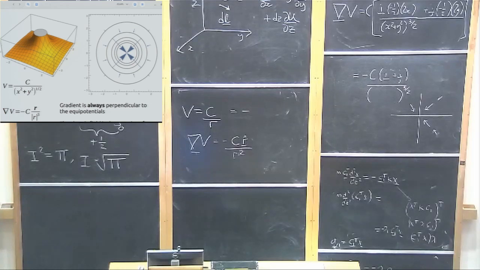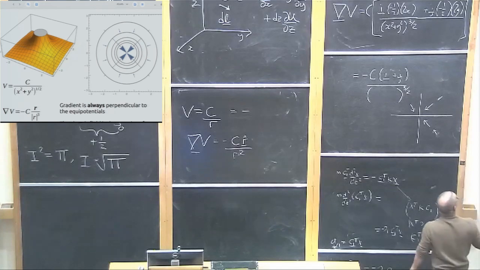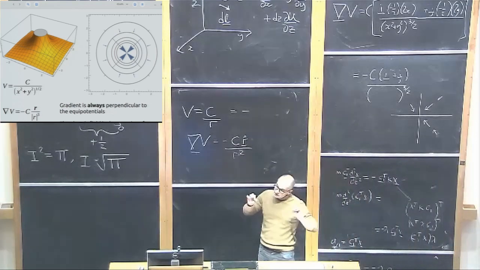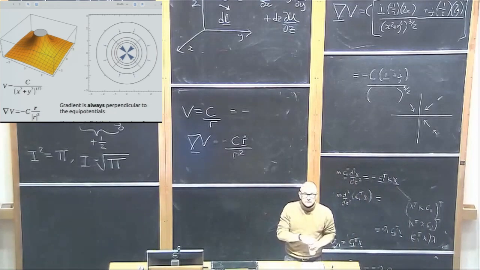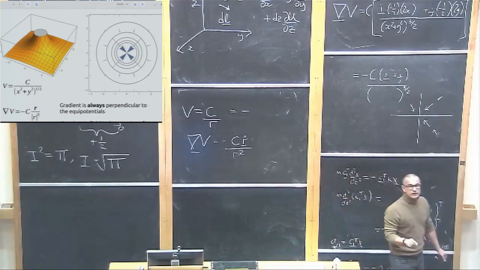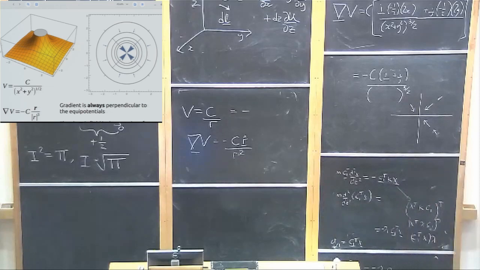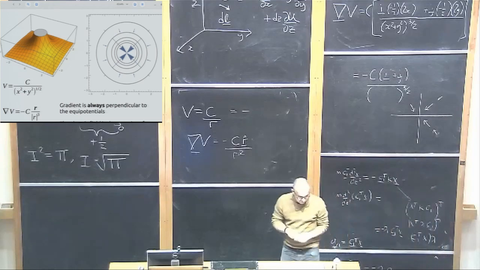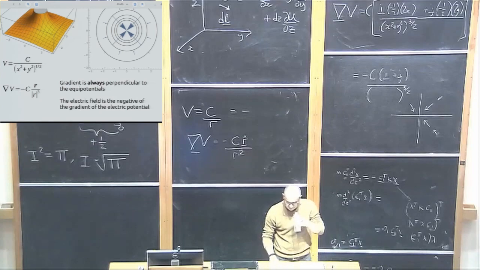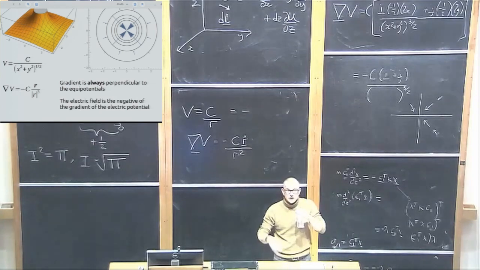Again, the lines represent equal contours, and you can see that the equal contours are circularly symmetric, as you'd expect in this case, and that the gradient is perpendicular to the equipotentials, okay? So when you can describe one of those equipotentials as a surface, you can use the gradient to work out the normal to that surface. And as you know, the electric field is the negative of the gradient of the electric potential, and analogously, the gravitational potential and the gravitational field.